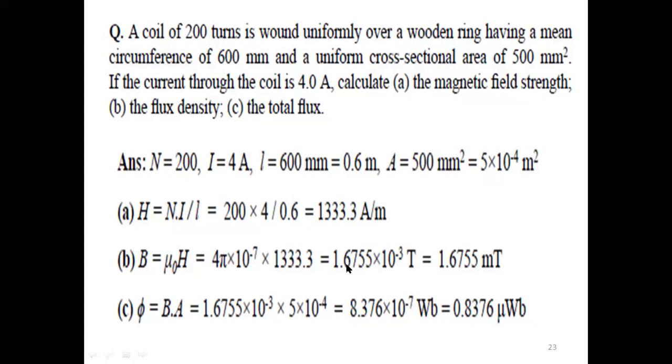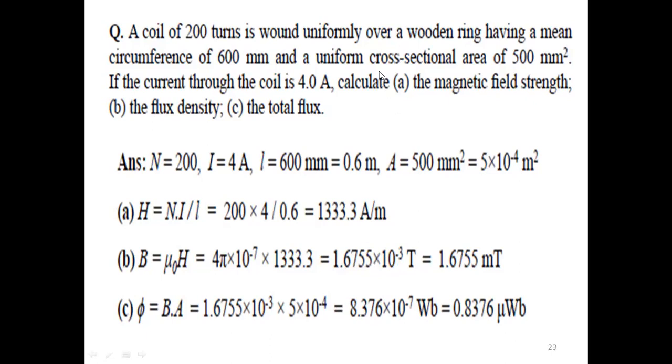So 1.6755 into 10 to the power of minus 3, right? Yes, sir. Okay, then this is the answer. So you got the same answer, no problem. Some people are not using 10 to the power of minus 3; if that doesn't come, 0.001675 is also a correct answer. We are considering Tesla here, they have written it directly.